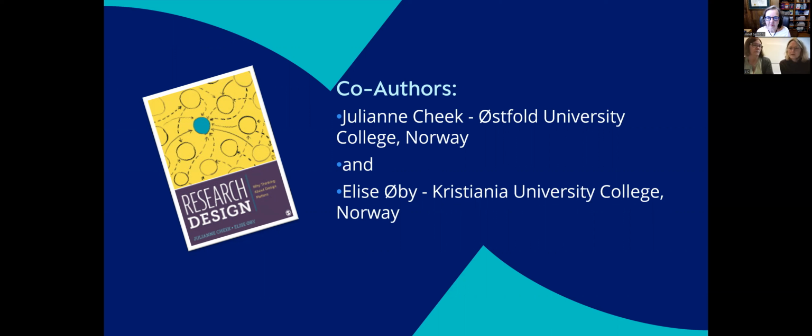Yep. Hello, my name is Elise Obi. I'm Norwegian. I work in Norway, Christiania University College. I used to work at Østfold University College, and then I was a colleague with Julianne. My PhD is in mathematics, and then I was interested in social science, and I started reading and studying that.